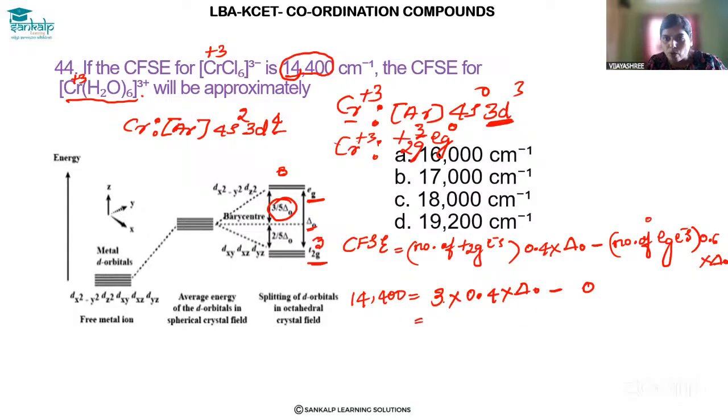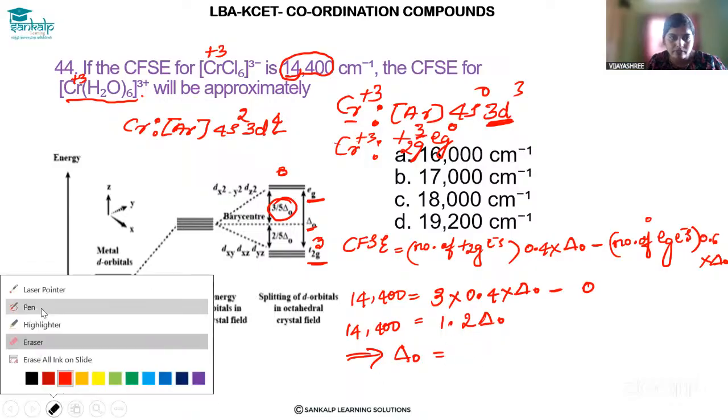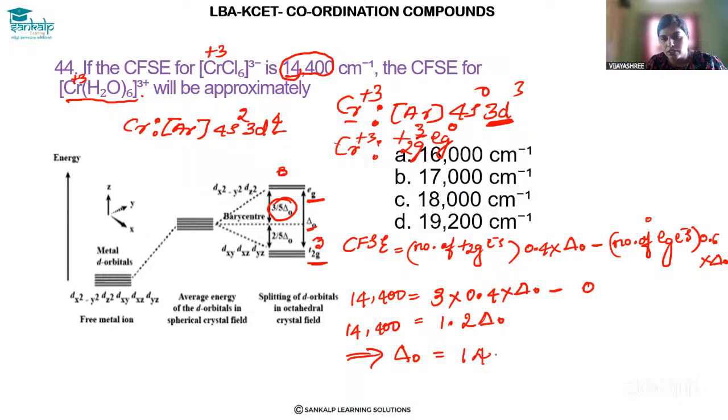So 0.4 into 3 is 1.2 into delta naught is equal to 14,400, which implies delta naught is equal to 14,400 divided by 1.2, which will be 12,000 per centimeter.